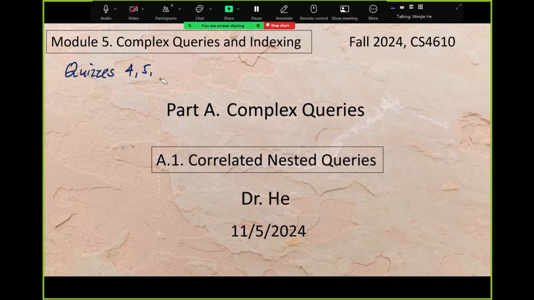I will look at the syllabus to check whether we have 5 or 6. And homework assignment number 2 and number 3, and project number 2. Then the final.